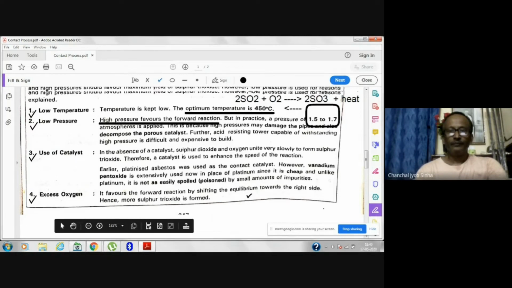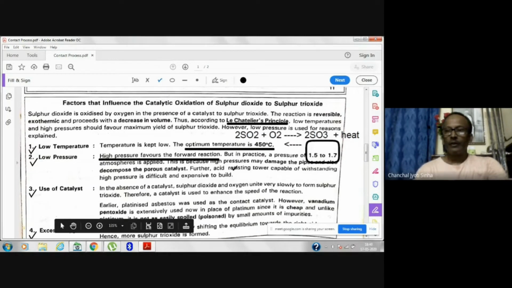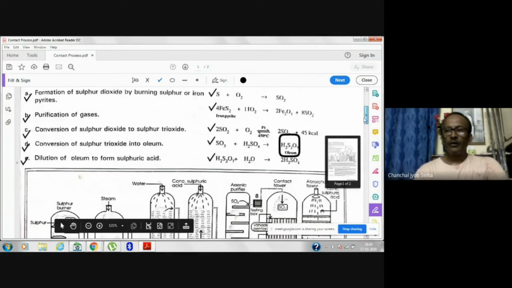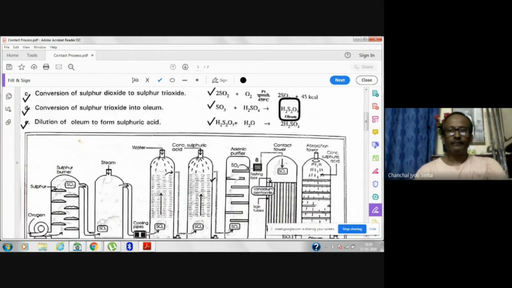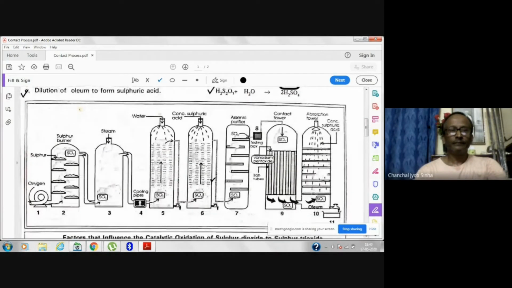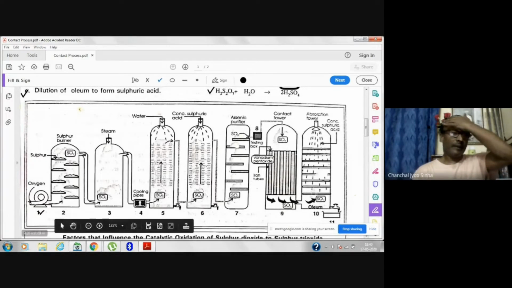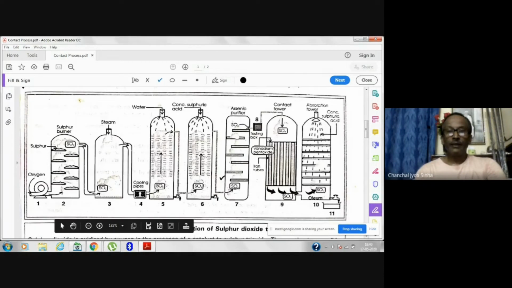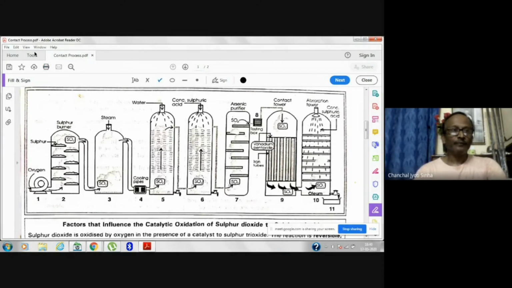Now go to the diagram. Different parts of the unit are marked as 1, 2, 3, 4, 5, etc. up to 11. Now let us have a look at what these parts are used for.